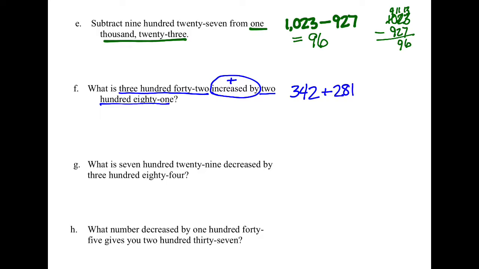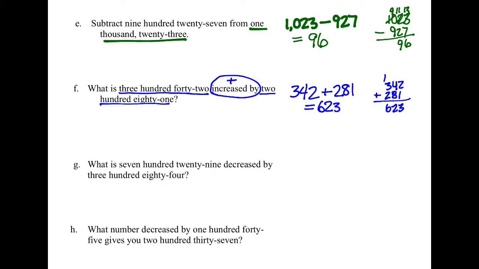Okay, there's your expression. Now let's figure out the answer. Add them up. So 2 plus 1 is 3, 4 plus 8 is 12, 3 plus 2 is 5, plus the one we carried is 6. So that is 623.